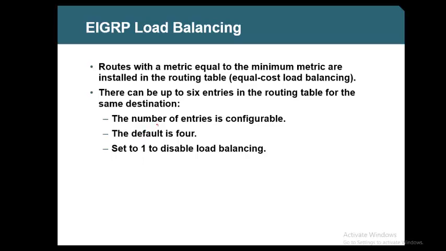What is variance? Variance is an option that will help us have unequal cost load balancing. If you do not want load balancing, you can set maximum paths to 1. If you say maximum path 1, then how can load balancing be done? Not possible.